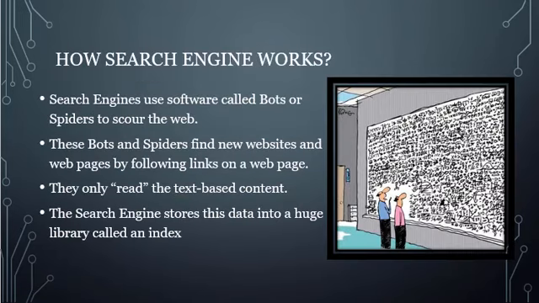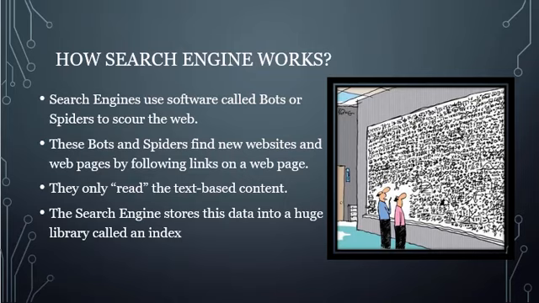Now let's have a look at how a search engine actually works. Search engines use software called bots or spiders to scour the web. These bots and spiders find new websites and web pages by following links on the web page. They only read the text based content, so they will not be able to read any image or collective.